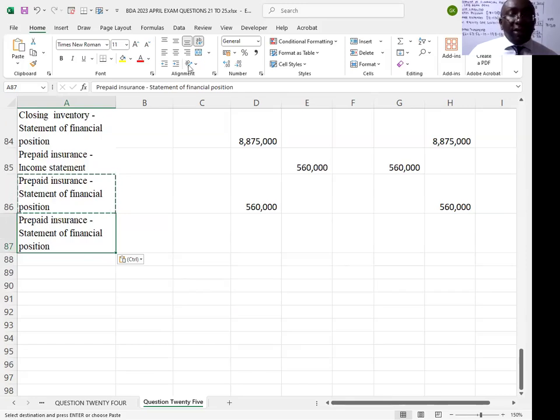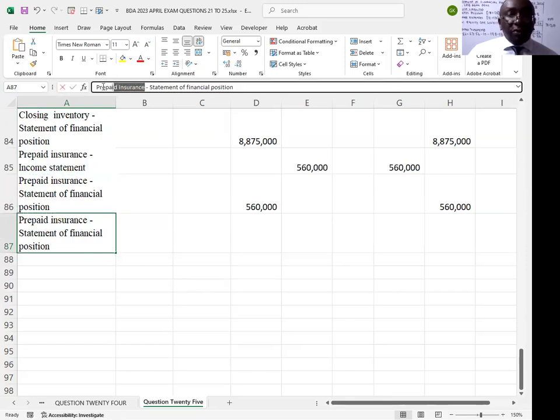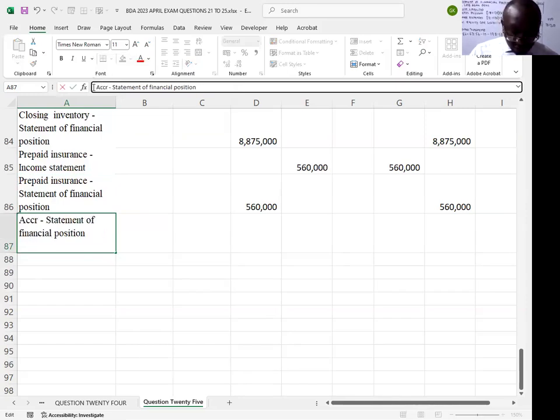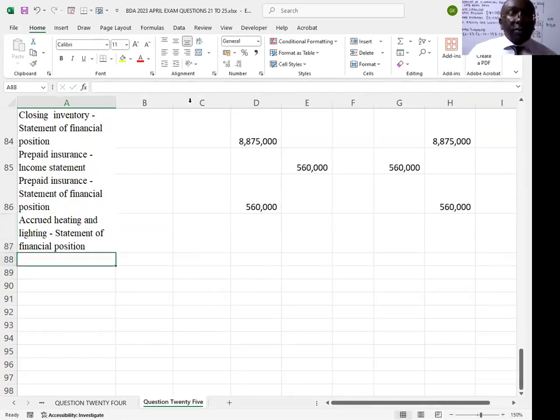Your statement of financial position. So I say here, accrued heating and lighting.